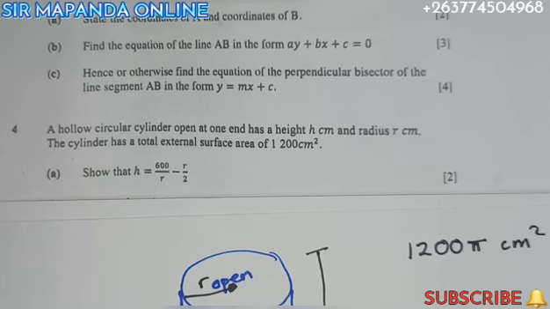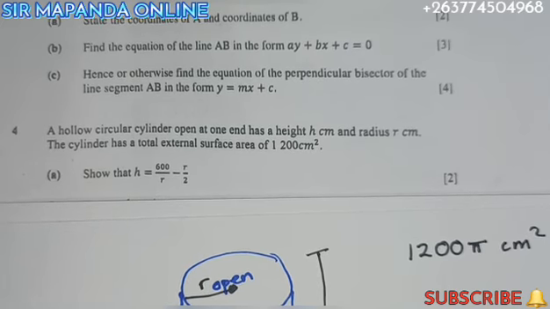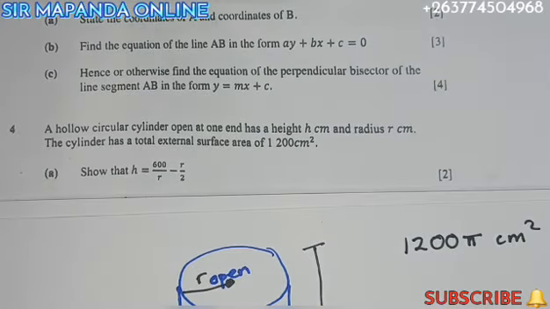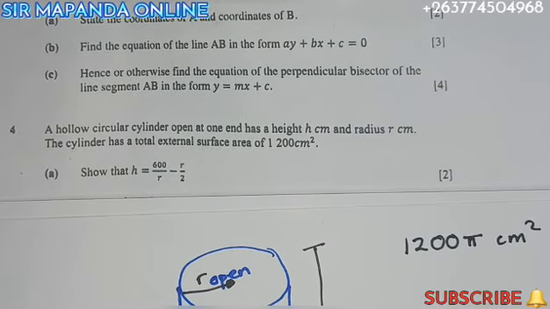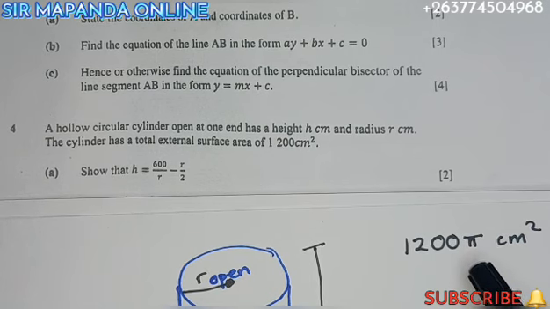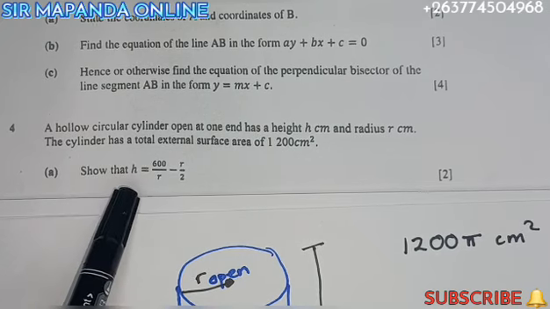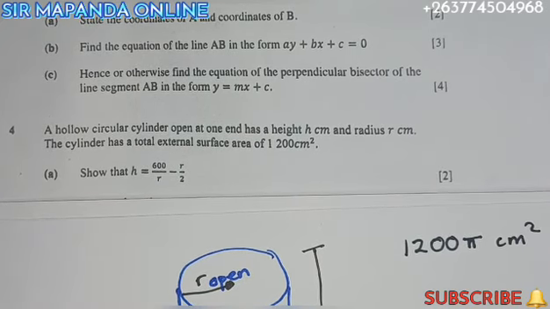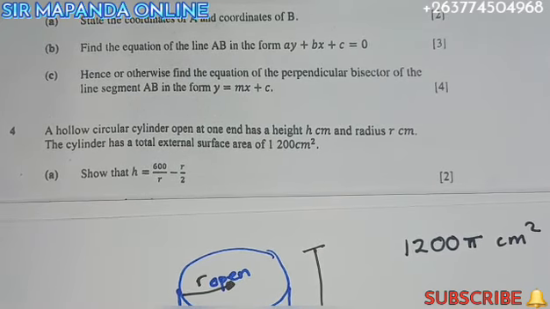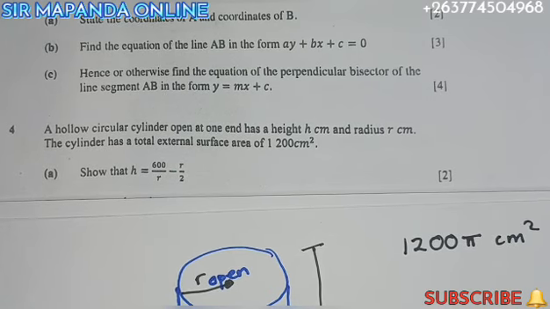You see, when I'm going to work, there was a pi which was left out in this question. Let us proceed. Show that h is equals to 600 over r minus r over 2, 6 marks.